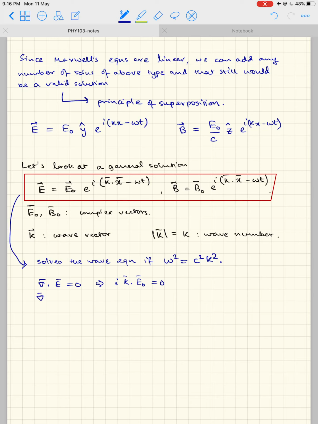Del dot B equal to 0 gives you i k dot B naught equal to 0, and del cross E equal to minus del B del t gives you i k cross E naught is i omega B naught.